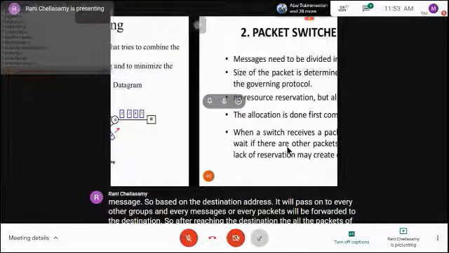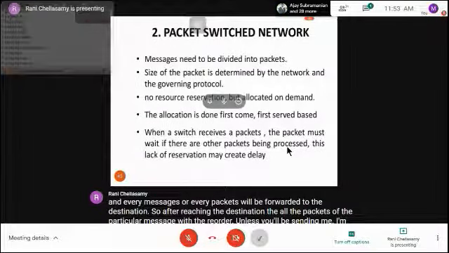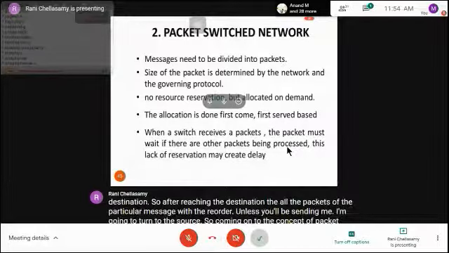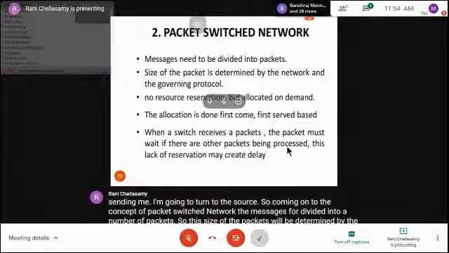So coming to the concept of a packet switched network, the messages are divided into n number of packets. The size of the packets will be determined by the network and the governing protocol. There is no resource reservation, but resources are allocated on demand.